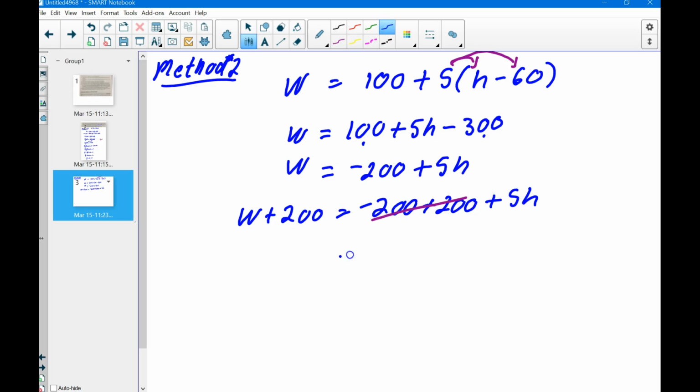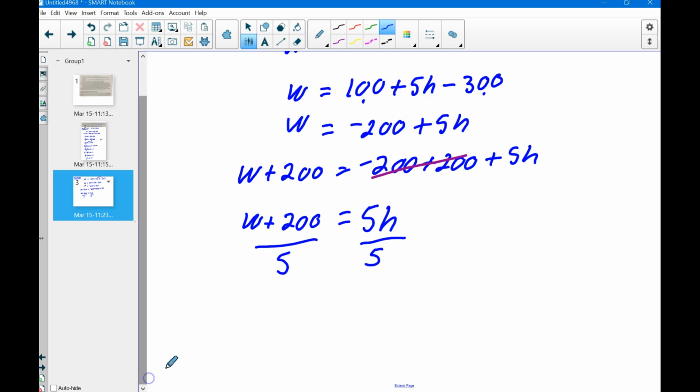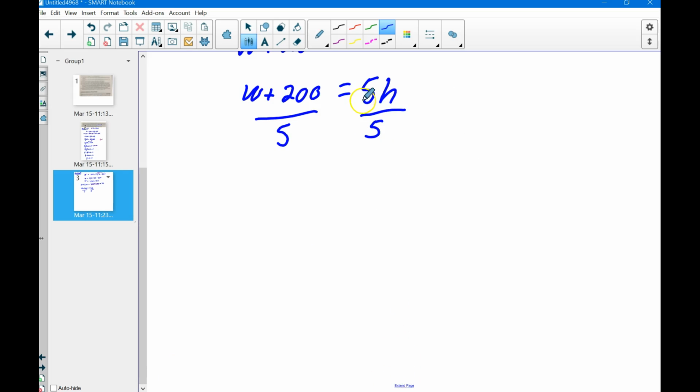Now you'll see that I actually have 5H. On this side I have W plus 200. Now I divide both sides by 5. And the 5 over here goes away because it's 1. And I'm left with H equal to, on this side I have W plus 200 over 5.